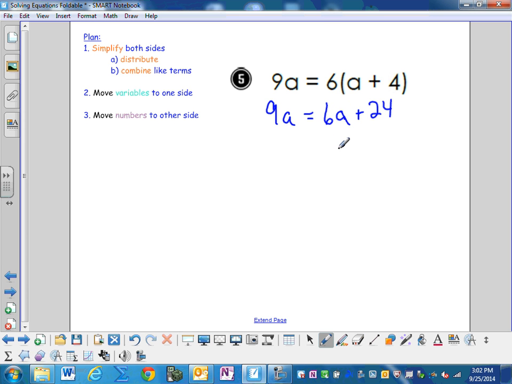Now that the right side is simplified, I can move the variables to one side. So I'm going to subtract 6a on both sides. So 3a equals 24. A equals 8.